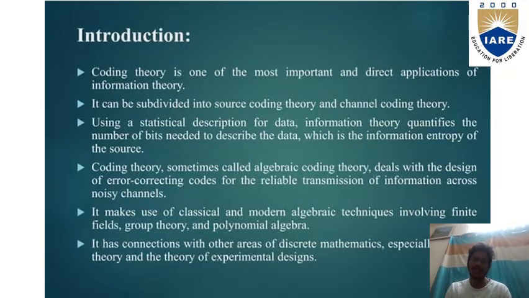Using a statistical description for data, information theory quantifies the number of bits needed to describe the data, which is the information entropy of the source. Coding theory, sometimes called algebraic coding theory, deals with the design of error correcting codes for the reliable transmission of information across noisy channels.